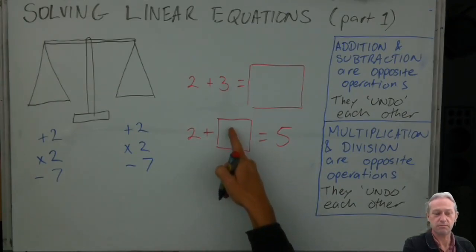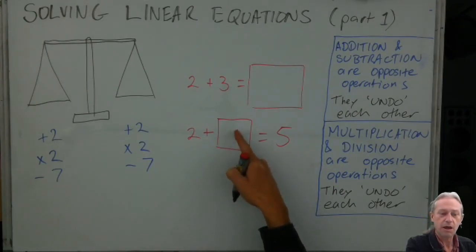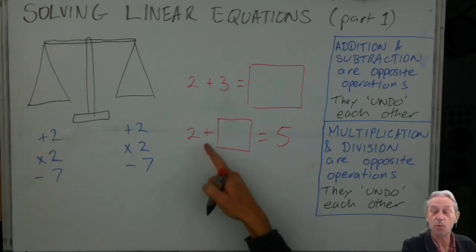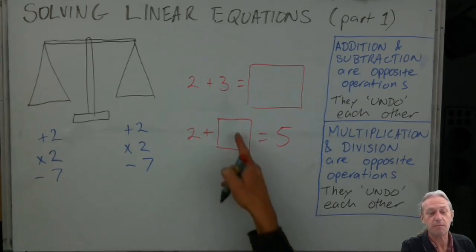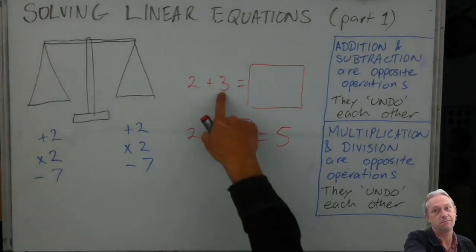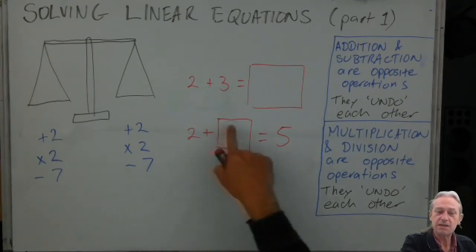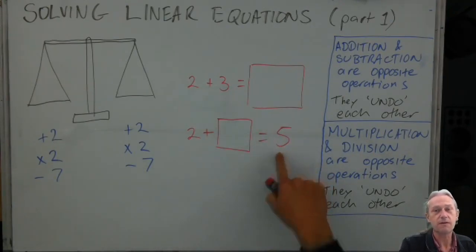And so the thing we don't know has something happening to it mathematically, but we know what it equals. So 2 plus this unknown thing equals 5.